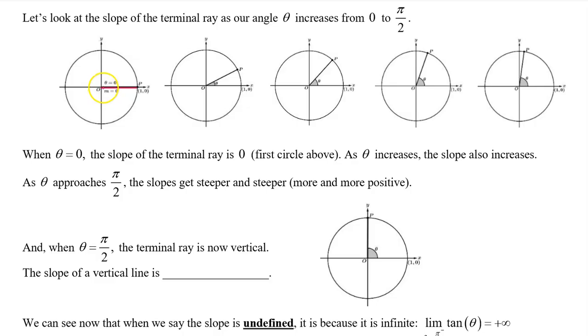When angle theta is equal to 0, the slope is also 0 because this is a horizontal line. As the angle theta increases, the slope also increases. As our angle theta approaches pi over 2, the slope gets steeper and steeper, more and more positive.